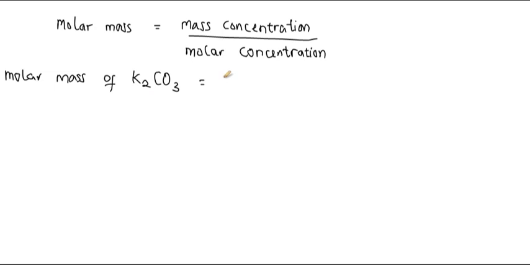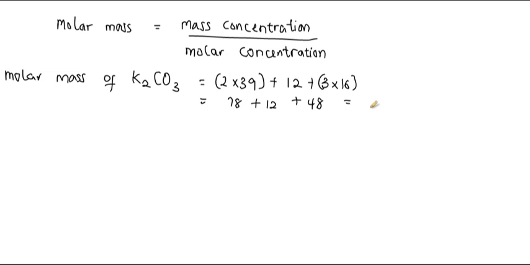So we'll have 2 times 39, plus that of carbon, which is 12, and we have 1 atom present, plus we have 3 atoms of oxygen present, and the atomic mass of oxygen is 16. So we'll have 3 times 16, which is equivalent to 78 plus 12 plus 48, and that gives us 138 grams per mole.